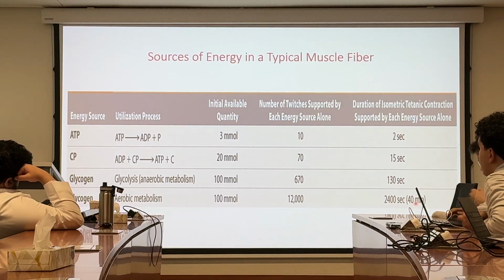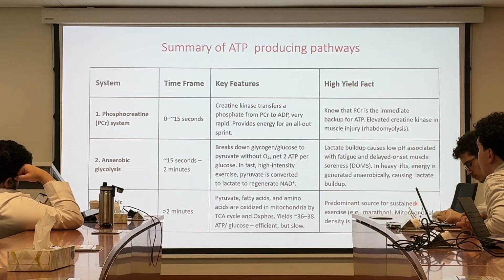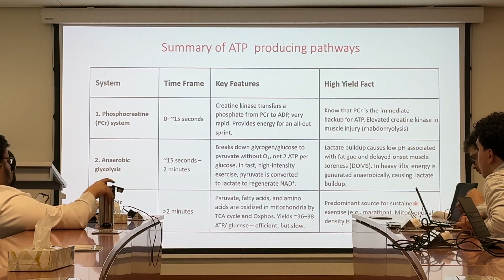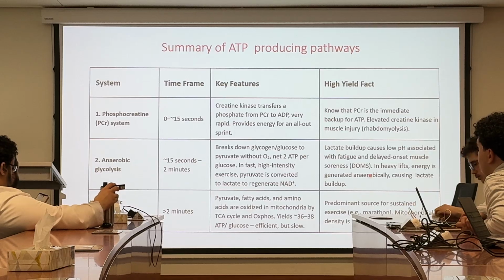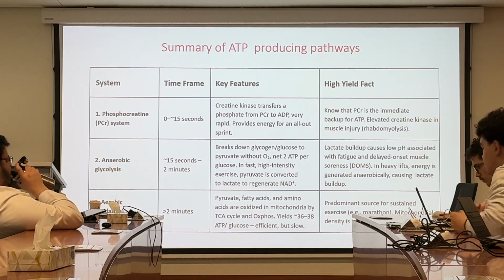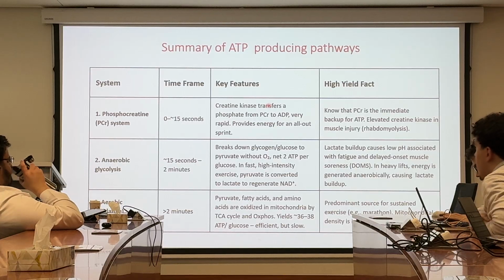Okay? So are we okay with this table? And I gave you the reactions, not summary reactions. I then summarized that for you in a table. Again, about 15 seconds for phosphocreatine. Creatine kinase will transfer that high energy phosphate from CP to ADP.